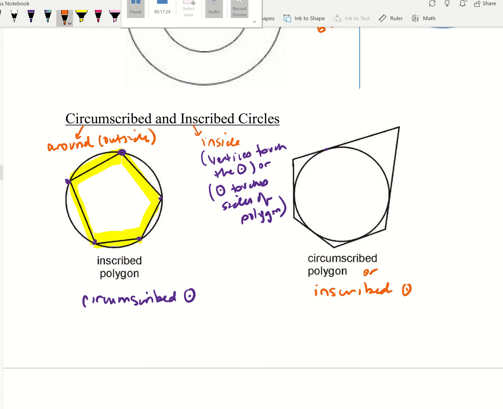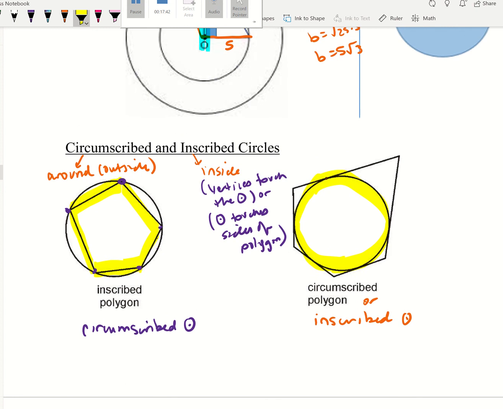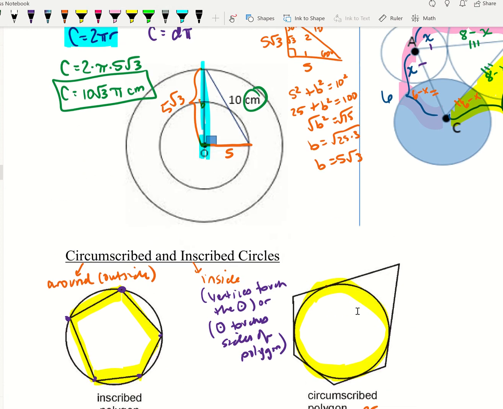So if you want to talk about the relationship by naming the shape that's on the inside, you would say inscribed, like an inscribed circle. If you want to talk about this relationship by describing the name of the shape on the outside, then you could say this is a circumscribed polygon. I think 1, 2, 3, pentagon in this instance. That is the end of our notes for 9.1.